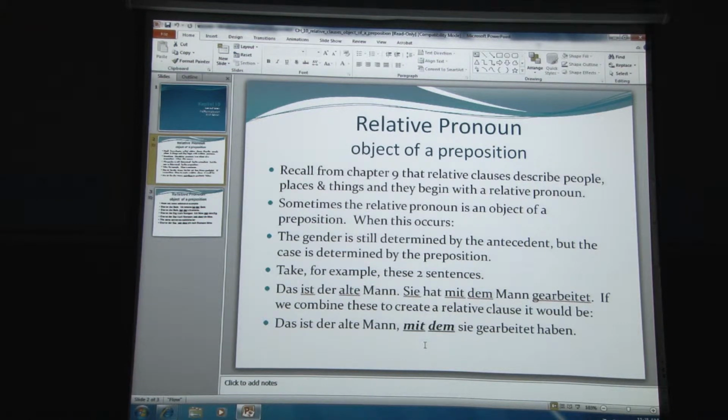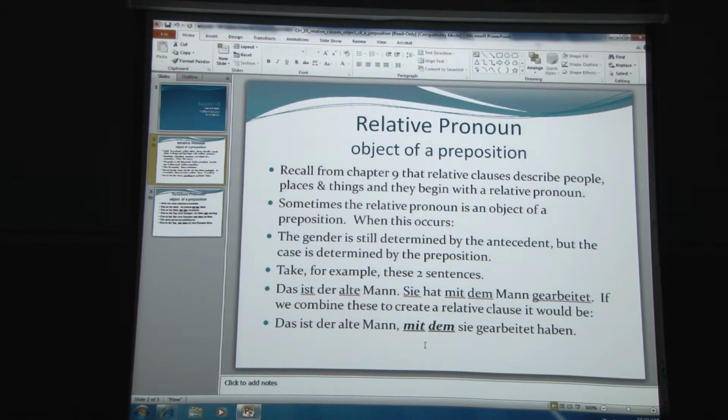And it's actually a little easier to pick out the correct relative pronoun when you have a preposition, because you just look at the preposition. What kind of preposition is it? Mit. Mit is a dative preposition. Der alte Mann is masculine. Dative masculine: dem. Yeah? Mit dem.